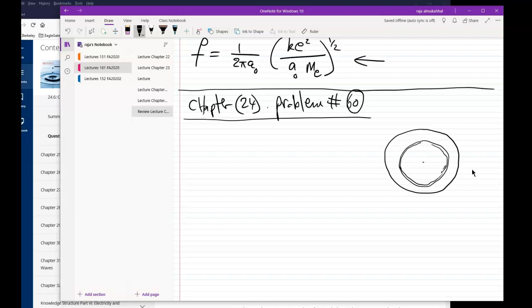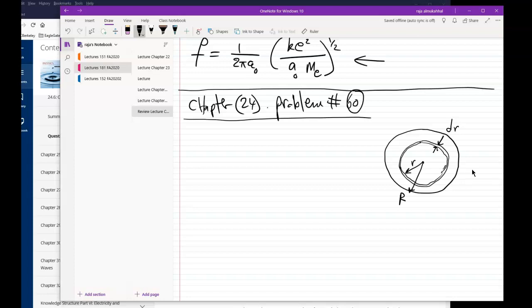The radius of it is small letter r, and of course the radius of the whole sphere is big R.